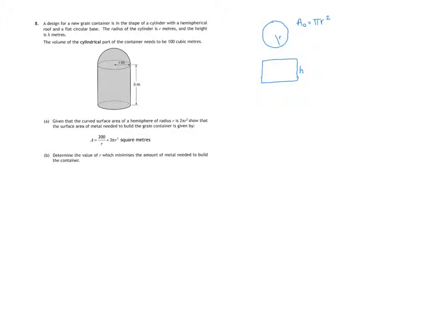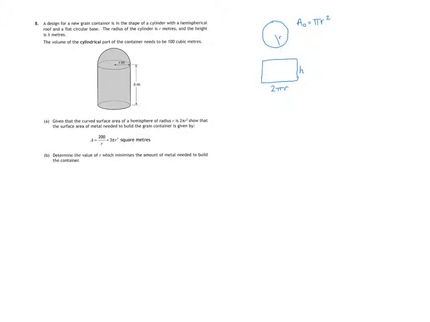And that is the circumference of the circle. So that's either going to be pi d, or if we think about our equation, it's only talking in terms of the radius. And we know the diameter is 2 times the radius, so it's going to be 2 pi r. Okay, we don't have h, so we're going to need to find a value for h.